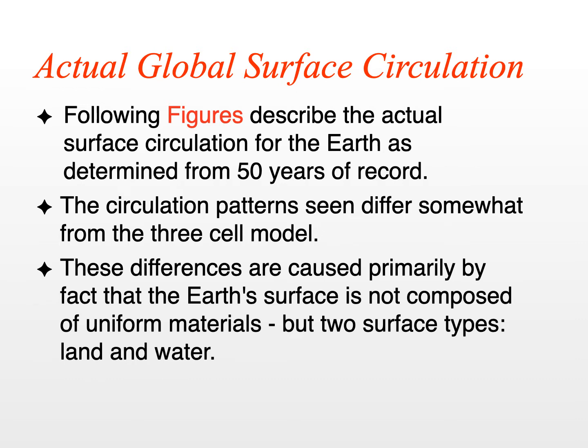And the area where we have the biggest differences is the northern hemisphere, not the southern hemisphere. These differences are caused primarily by the fact that the Earth's surface is not composed of uniform materials, but two surface types, land and water. And this is a bigger problem in the northern hemisphere than in the southern hemisphere.